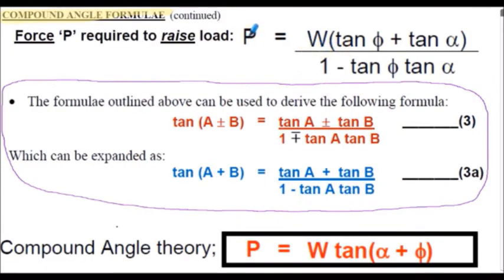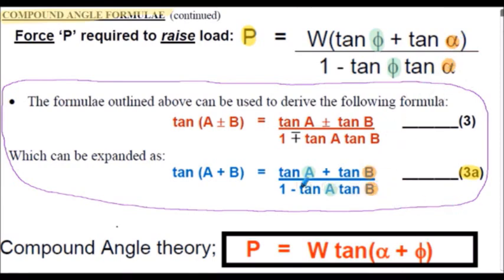So we know P is equal to W, tan phi plus tan alpha over 1 minus tan phi tan alpha. So referring to equation 3a here, which is an expanded version of equation 3, we can see that angle phi in our derived formula is analogous to angle A in our compound angle formula here and here, representing the two phi terms, and angle alpha is angle B in the compound angle formula, shown here and here.